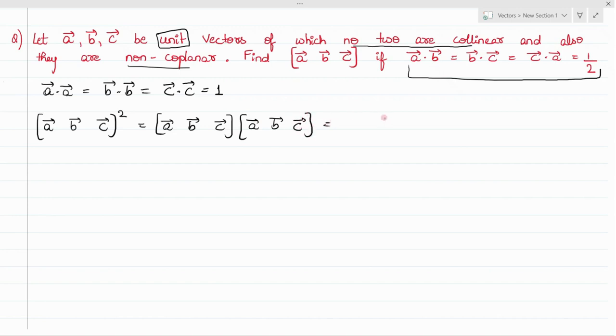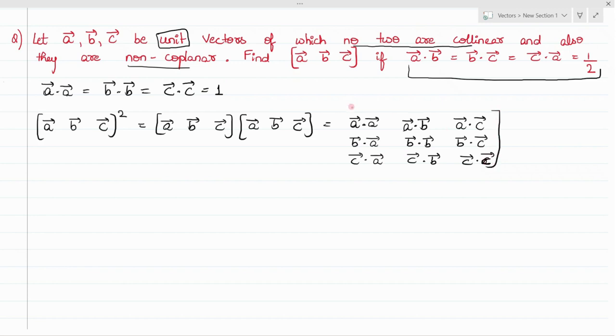Now if we write in terms of determinant, we'll get it as A dot A, A dot B, and A dot C. Now the second row becomes B dot A, B dot B, and B dot C. And the third row becomes C dot A, C dot B, and C dot C. This is the determinant.